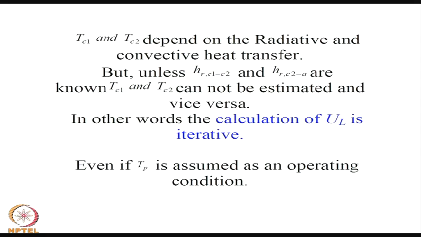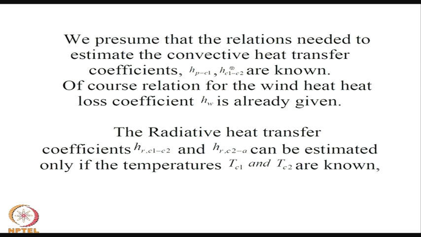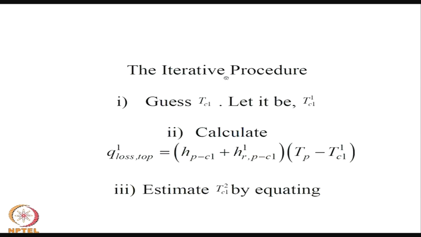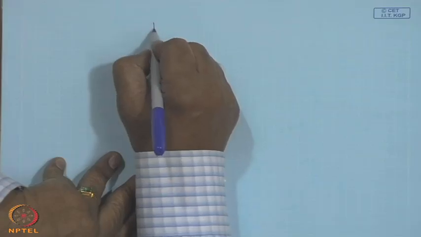So, Tp is assumed to be known for a given application, or alternately we are trying to estimate the overall loss coefficient for a number of values of Tp, and we will pick up the appropriate overall loss coefficient depending upon the actual operating condition. So, even if Tp is assumed as an operating condition, Tc1 and Tc2 are essential to calculate UL through various resistances. So, this naturally involves a trial and error or an iterative procedure.